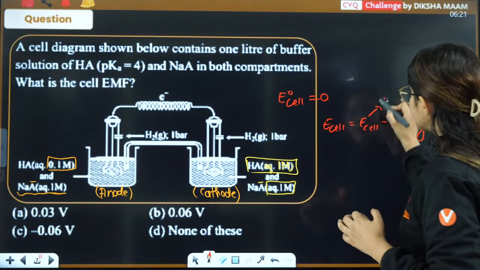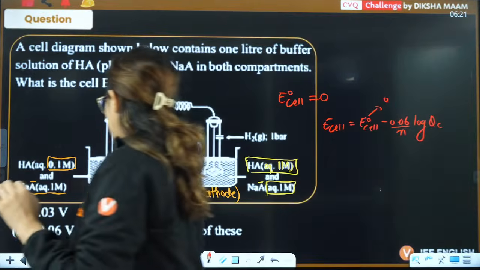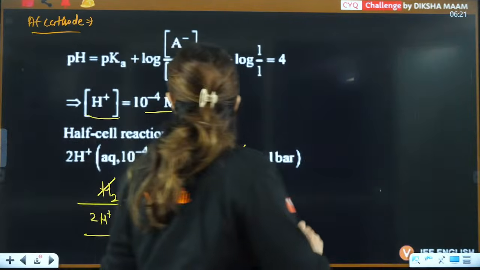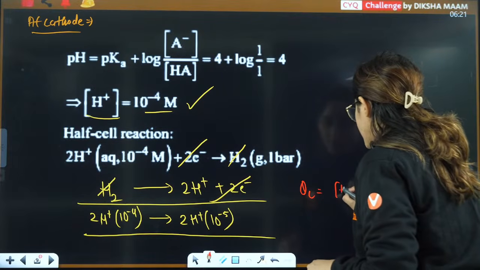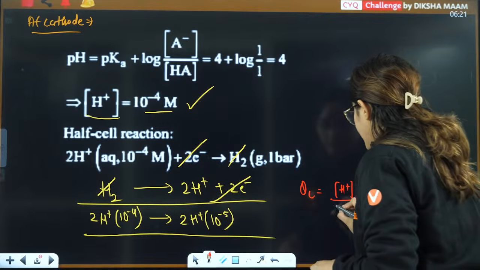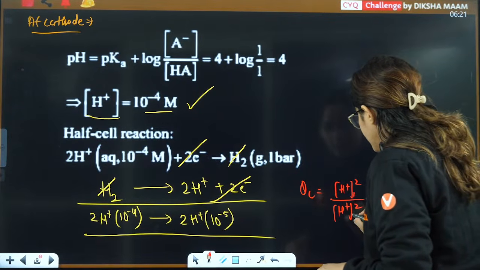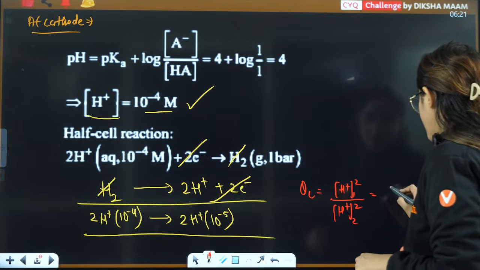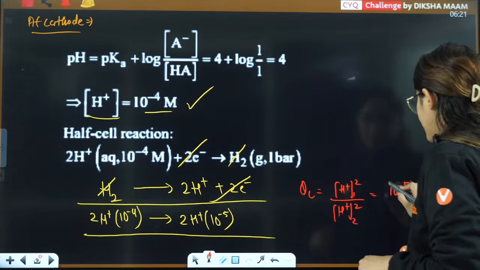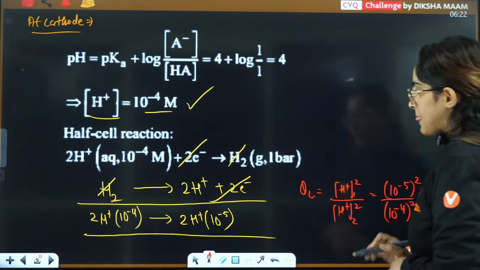What is the value of QC here? QC is going to be H positive concentration squared divided by H positive concentration squared. The H positive concentration on the product side is 10 raised to power minus 5, and this is 10 raised to power minus 4.